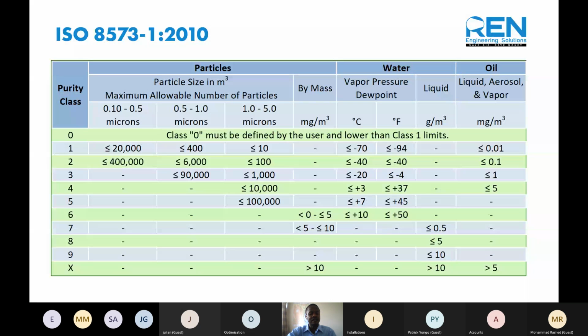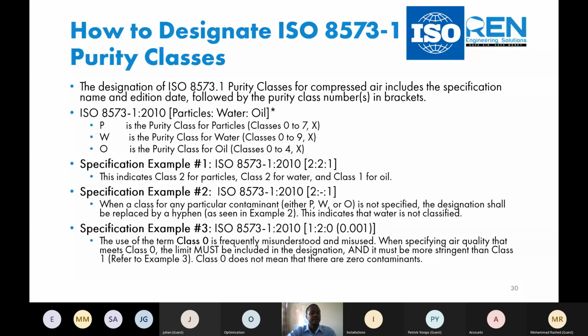So by defining your specified air as ISO 8573 class 2-2-1, you are able to clearly specify the quality of air you need, and any manufacturer seeing this specification will be able to give you an engineering solution that will ensure that you meet this class in your plant.